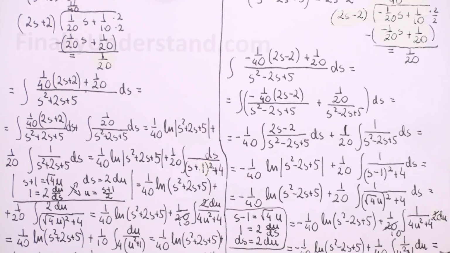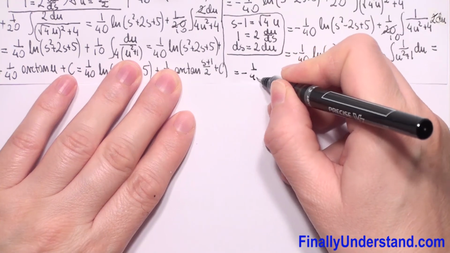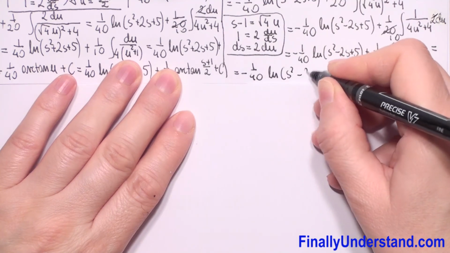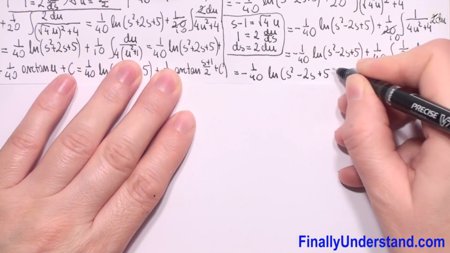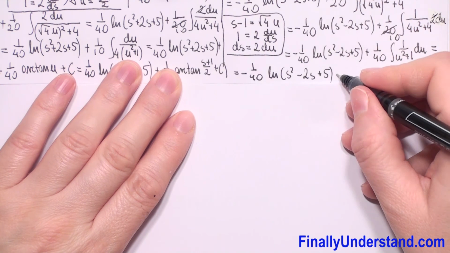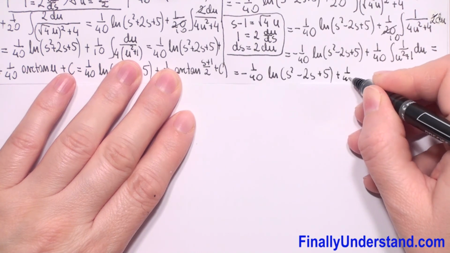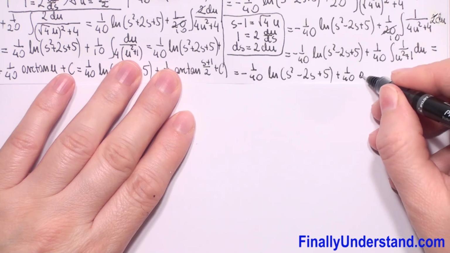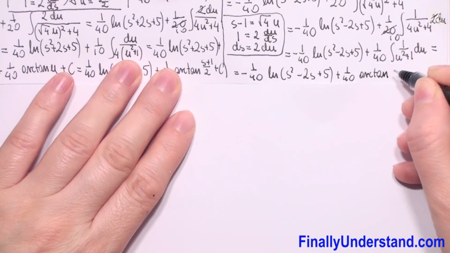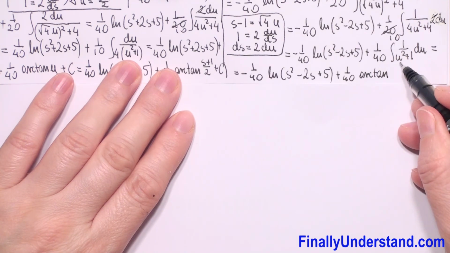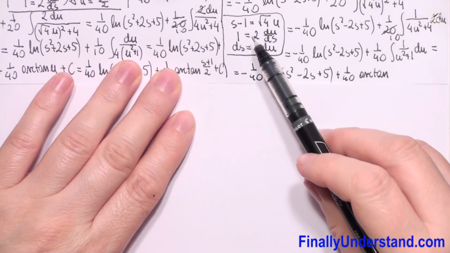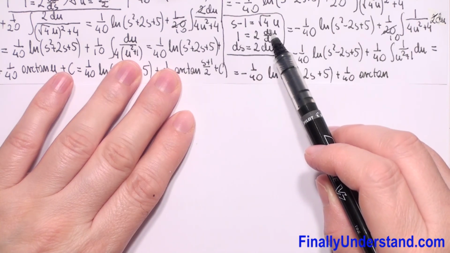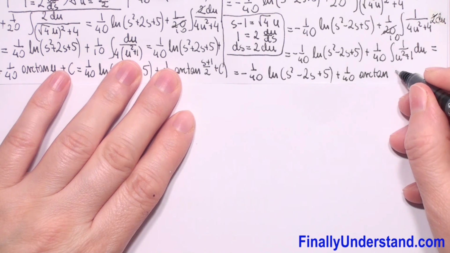So this is equal to negative 1 over 40 natural logarithm of s squared minus 2s plus 5, plus 1 over 40 times the integral of 1 over (u squared plus 1), which is arctangent of u. But u we can find from this expression: u is equal to (s minus 1) divided by 2, plus constant c.